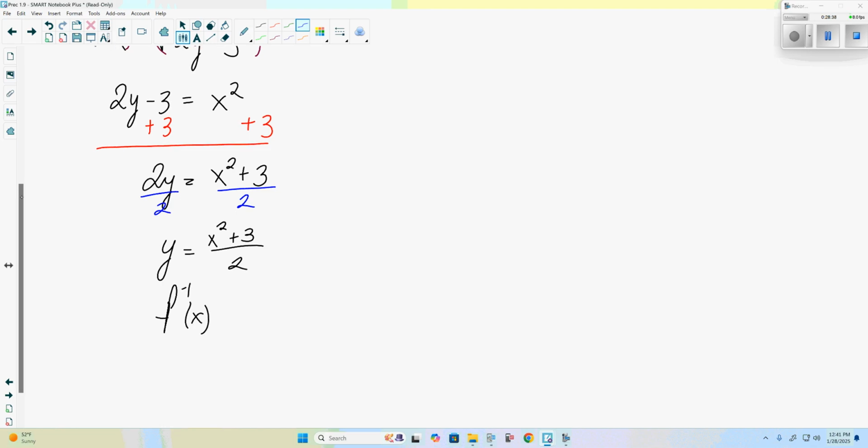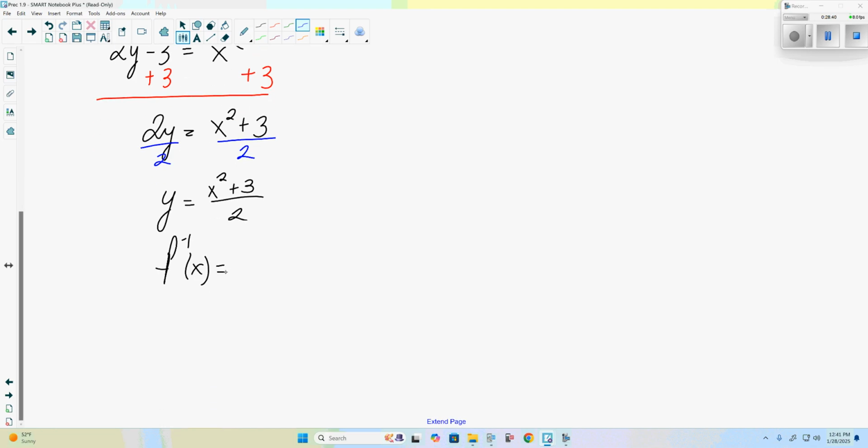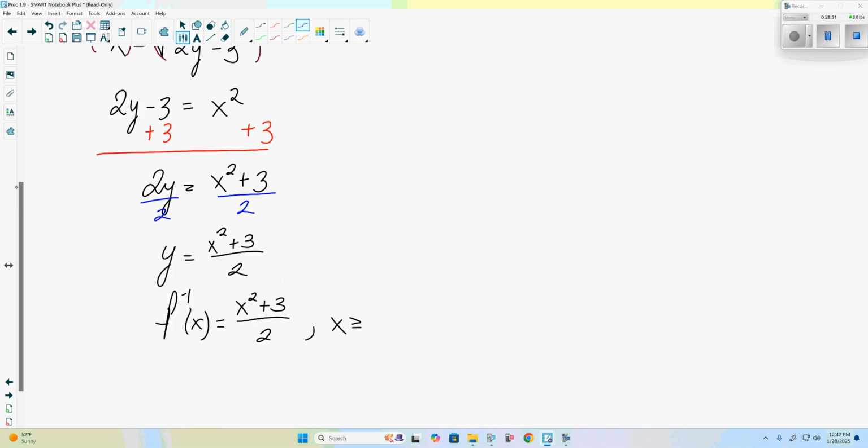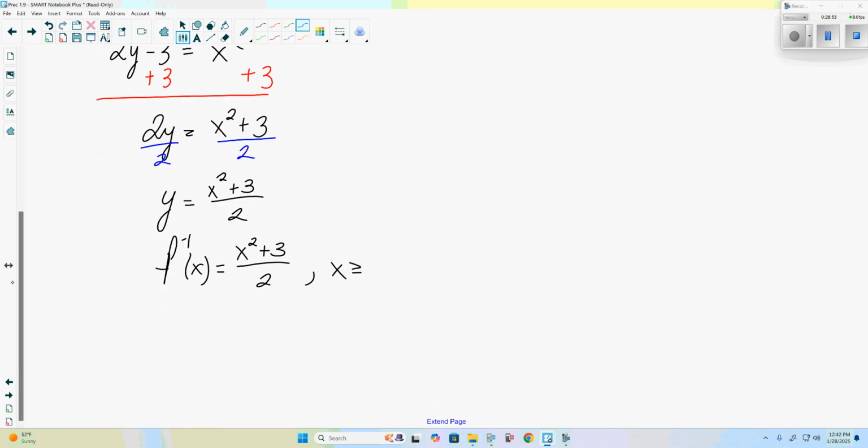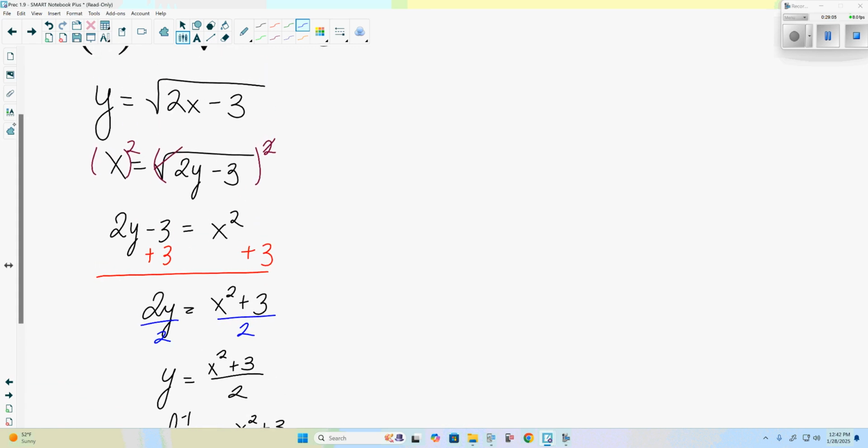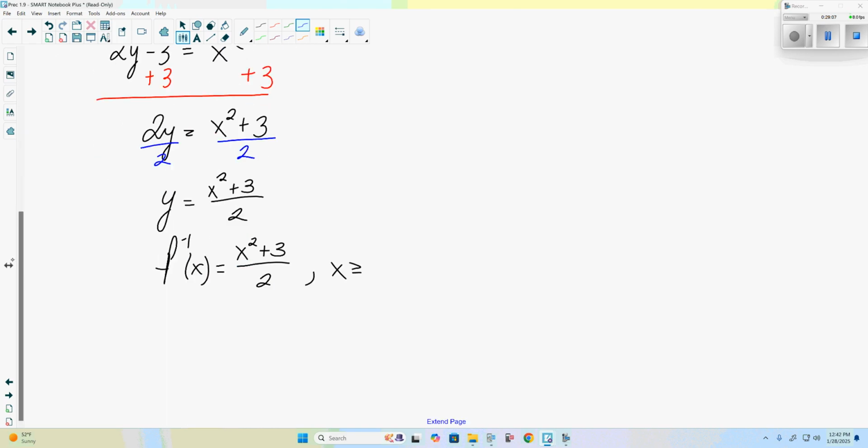And we'll replace our y with f inverse of x. So, questions on this so far?